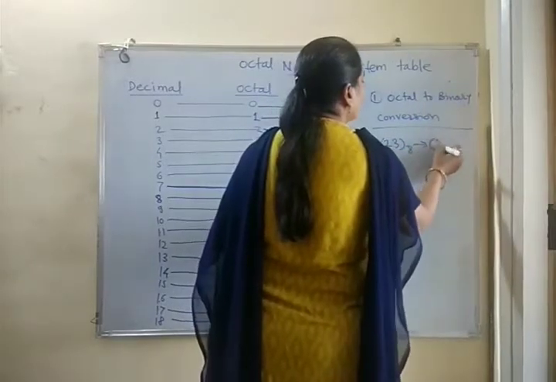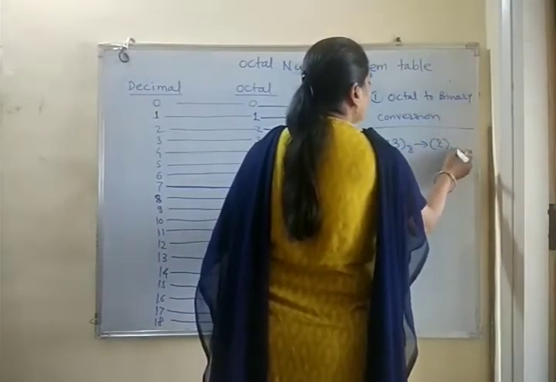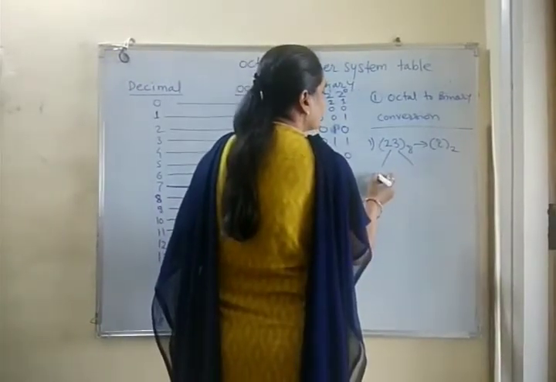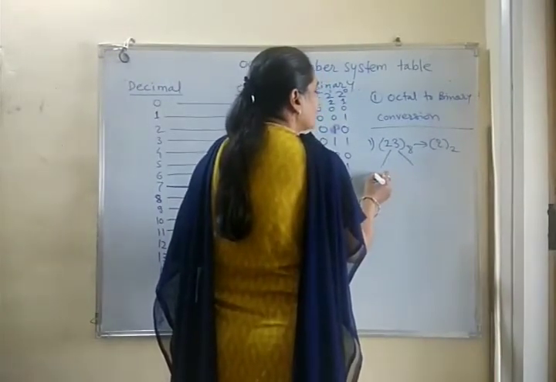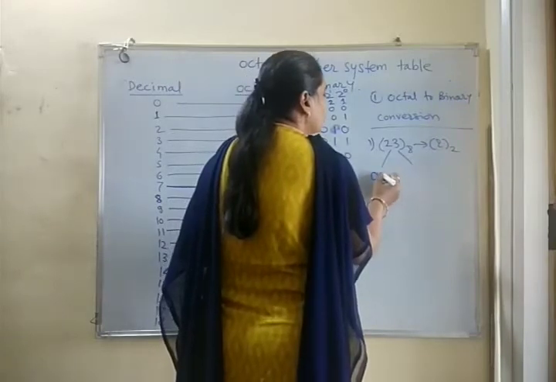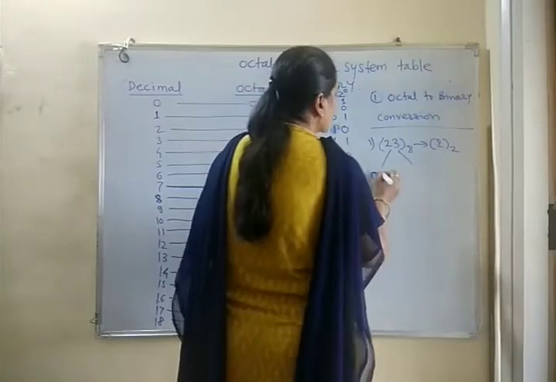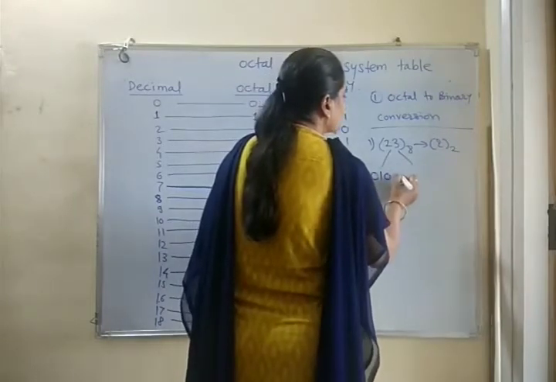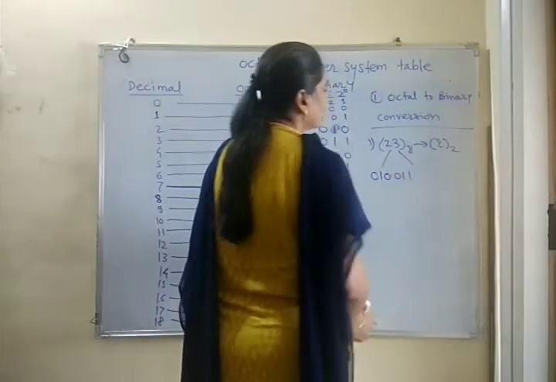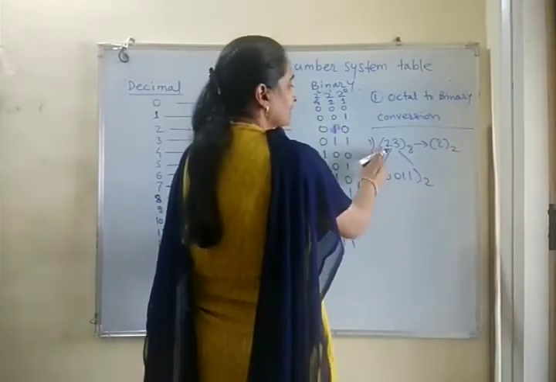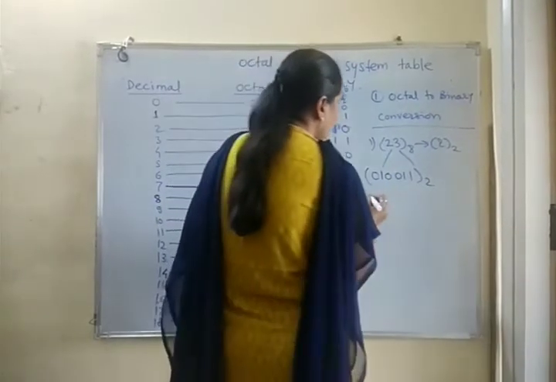If I want to convert it into binary format, then just take the 3-bit representation of binary number. So what is it? 2 is represented as 010 and 3 is represented as 011. This gives the base 2. So this is the octal to binary representation.